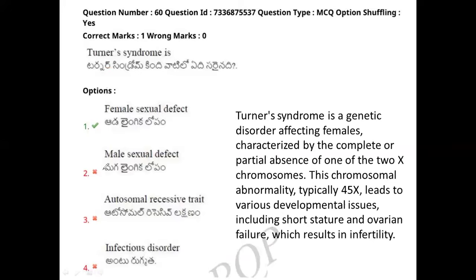Next, Turner's syndrome. Turner syndrome is a syndrome where one X chromosome is missing in the female.